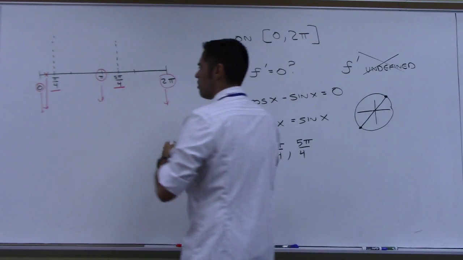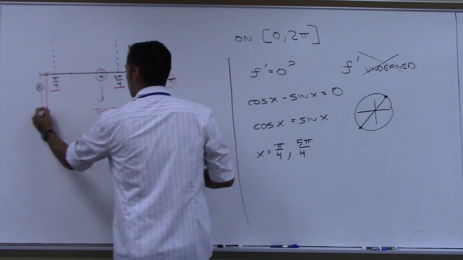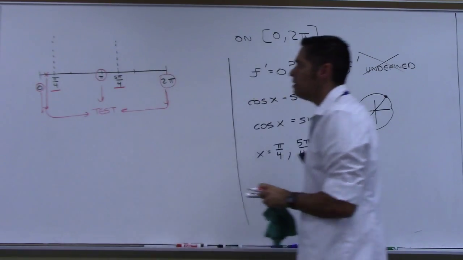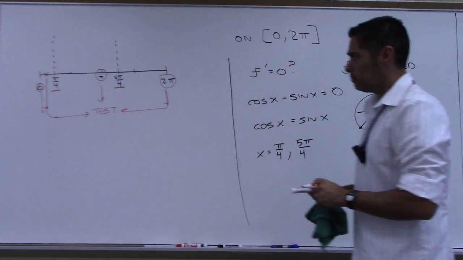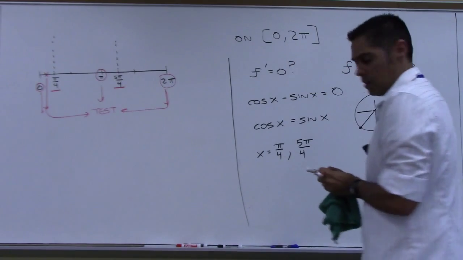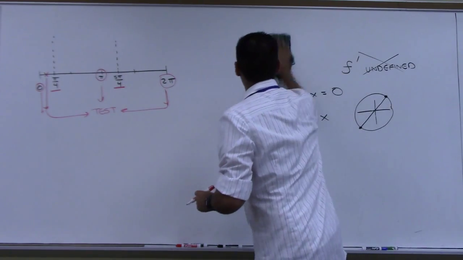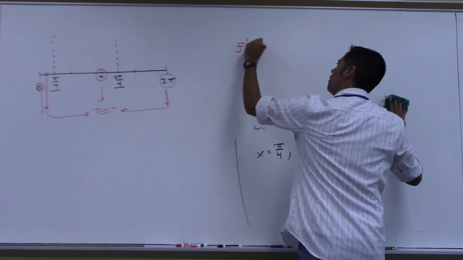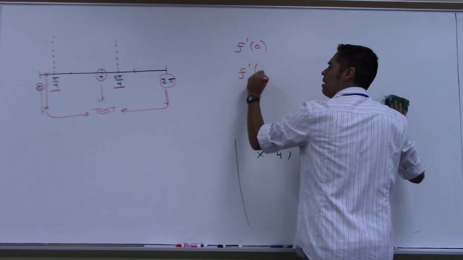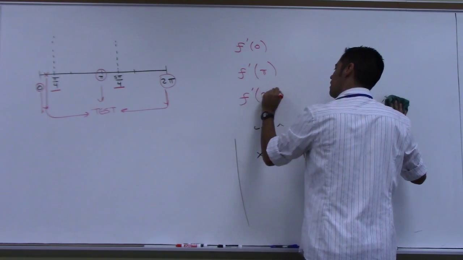So these are test points, and I want to test these. When we say tested, what do I mean? Put them into the derivative first. So what I want to know is what is f prime of 0, what's f prime of pi, what's f prime of 2 pi?